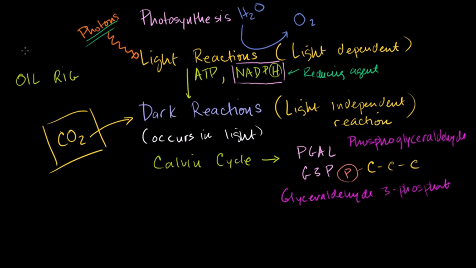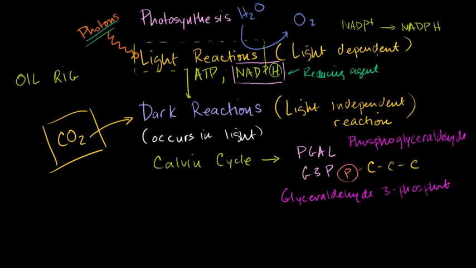But let's focus first on the light-dependent reactions, the part that actually uses photons from the sun, or maybe I guess even photons from the heat lamp that you might have in your greenhouse, and uses those photons in conjunction with water to produce ATP and reduce NADP plus to NADPH.